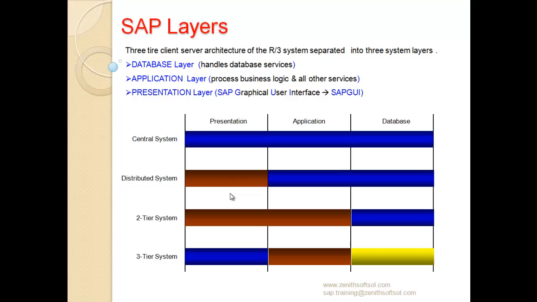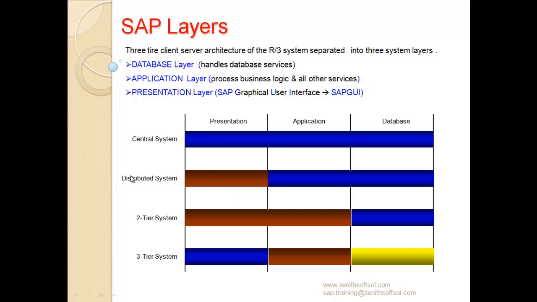What are the disadvantages of this? If anything happens in the application or in the database, the whole system will crash. That's why the company doesn't recommend using a central system.